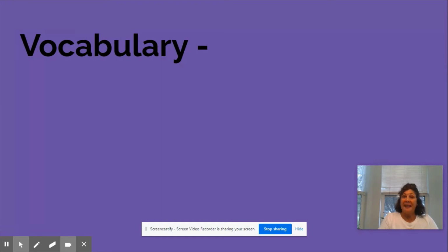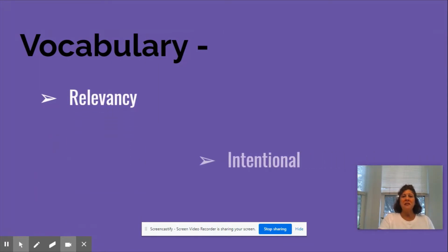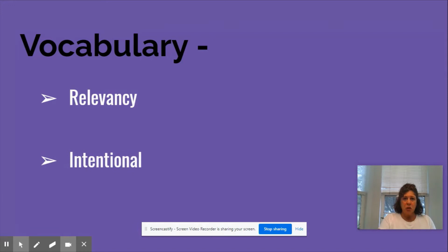So don't forget that. The more education the student has in their native language, the easier it's going to be for them to transfer that information and use it in the English language. So once again, relevancy, very important, and be intentional when you are teaching new words.